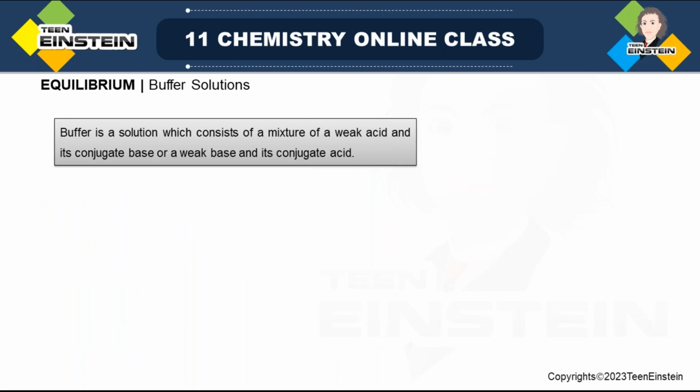The topic that we are going to discuss today after solving these 4 problems is buffer solution. So what is buffer solution? Buffer solution consists of a mixture of either a weak acid and its conjugate base, because whenever we have any acid, its conjugate base is A minus.